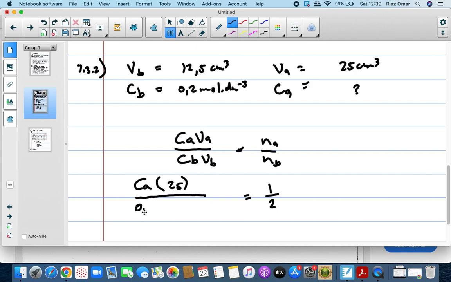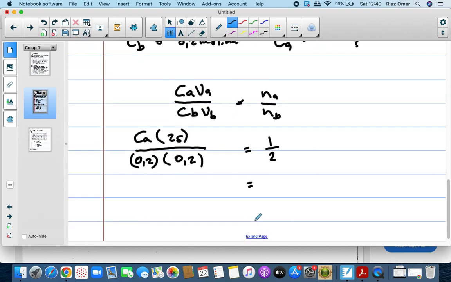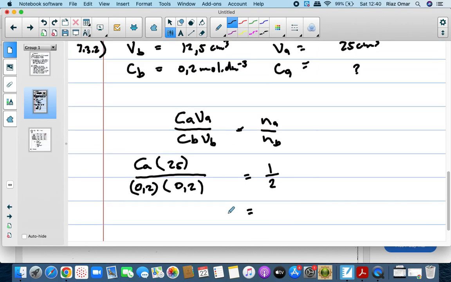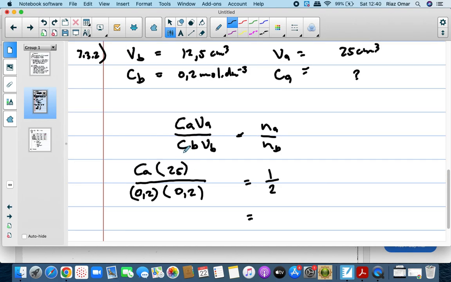Concentration of the base is 0.2, and your volume of your base is... So taking it onto the other side, and if you work out the calculation, 1 times 0.2, this is not 0.2, volume of the base is 12.5. Let's just fix that up.